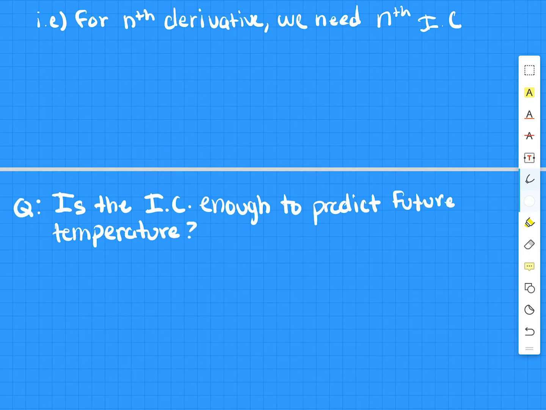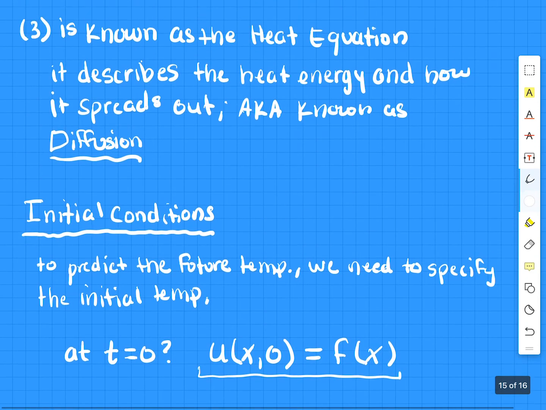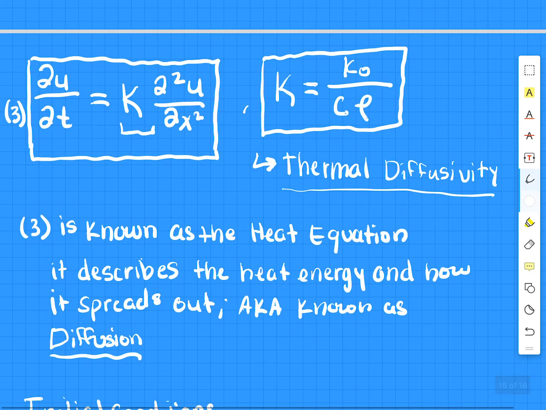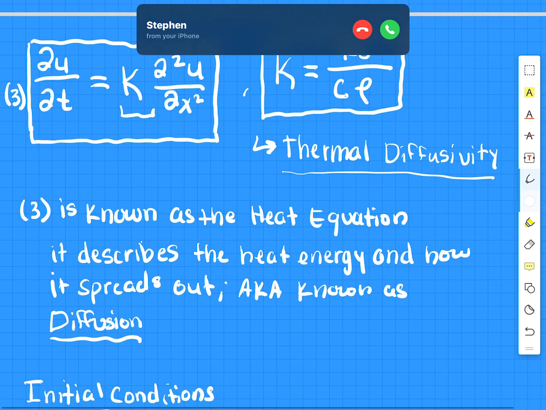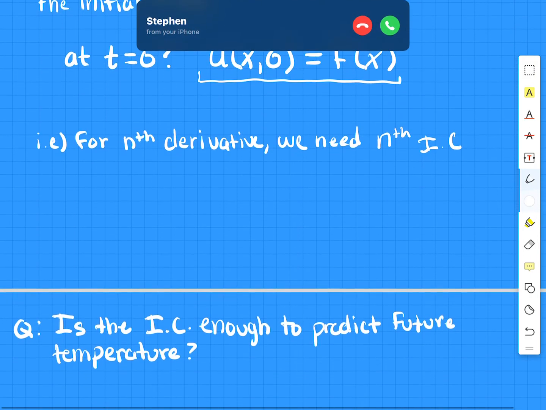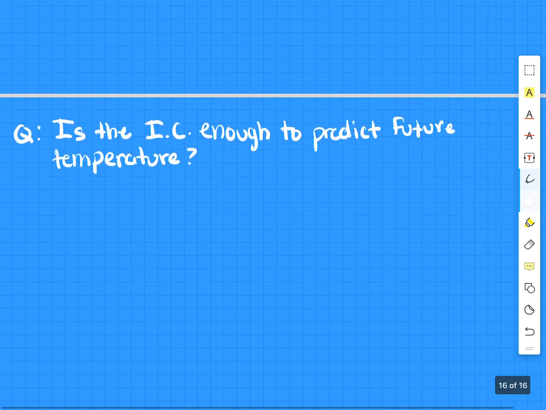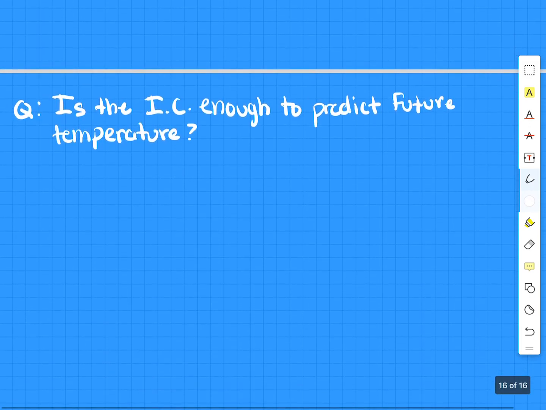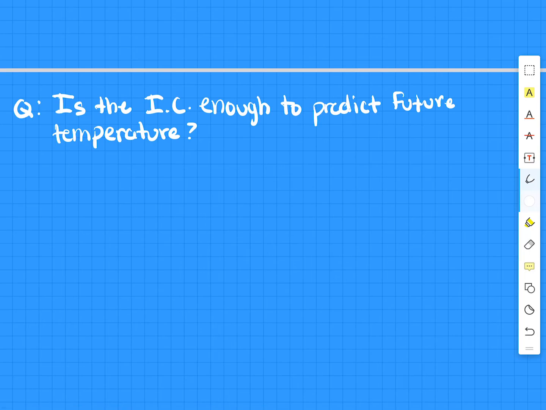Well, we know that the temperature changes according to our heat equation labeled as 3, that's this one here in the left side box. In order to know that, we need to know what's happening at the boundaries, at the edges.